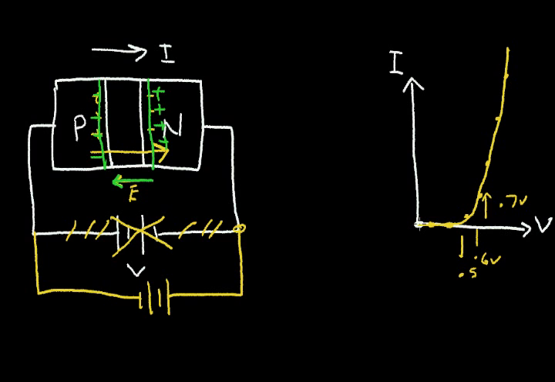And when I do that, if I plot the voltage that's reversed in this direction, I get extremely tiny current flows, almost unmeasurable. If I keep increasing this voltage in this reverse direction, eventually I'll reach a point where the junction will break down and I'll start conducting current. And this sometimes is referred to as the Zener region. And sometimes the diode will be designed for a particular breakdown voltage.